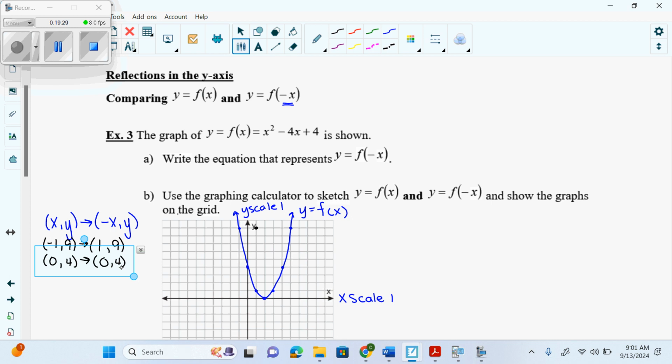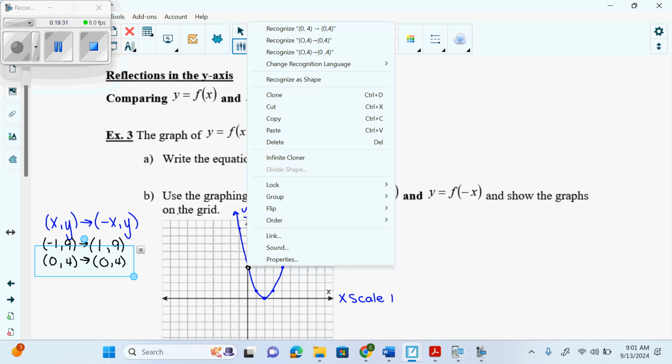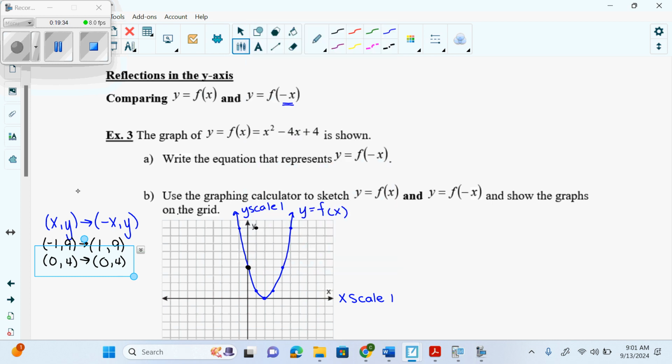So what is this now? Invariant. Why is this one invariant now? What is 0 this time? X is 0, correct? And we're multiplying x's by -1, so the only place they're going to stay the same is if x is 0.